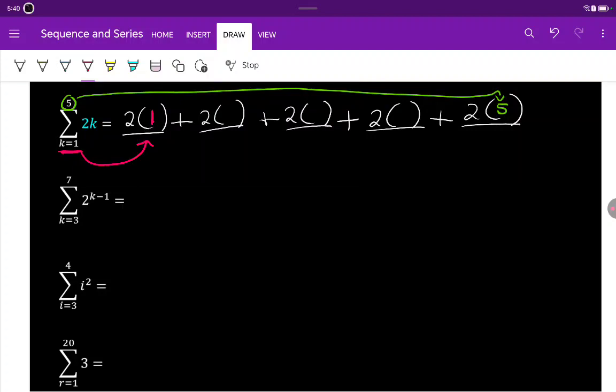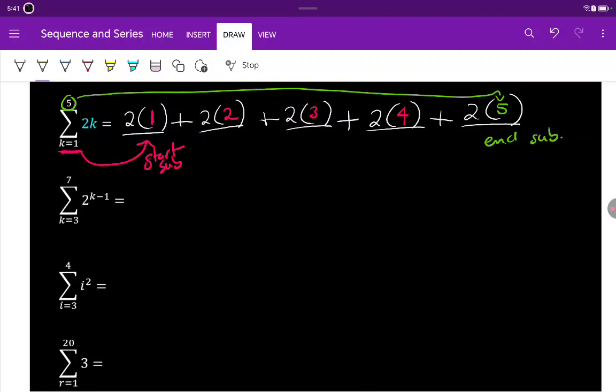So k increases by 1. If it starts at 1, then it's going to be 2, 3, 4, ending at 5. So these two numbers, this is my start for the substitute, and the second one is going to be my end for the substitute. This is the sum of the series that we're working with.